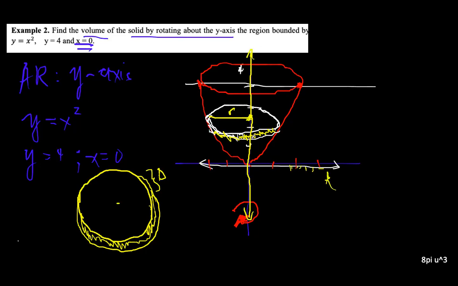X is vertical. Yes, you're correct, Kurt. So anyway, it will result to this figure naman eh. Kasi once we rotate. By the way, class, the axis of rotation or revolution is the y-axis. Okay? And we're going to rotate it in this manner. And ito yung figure or region na i-rotate natin. So magiging ganito pa rin siya. Okay?